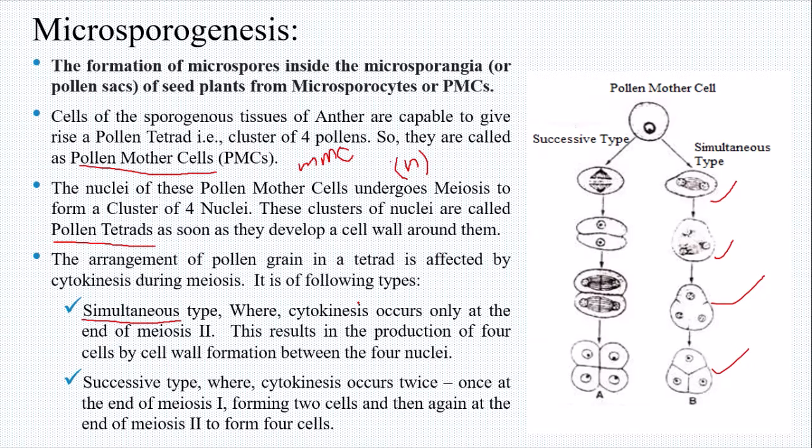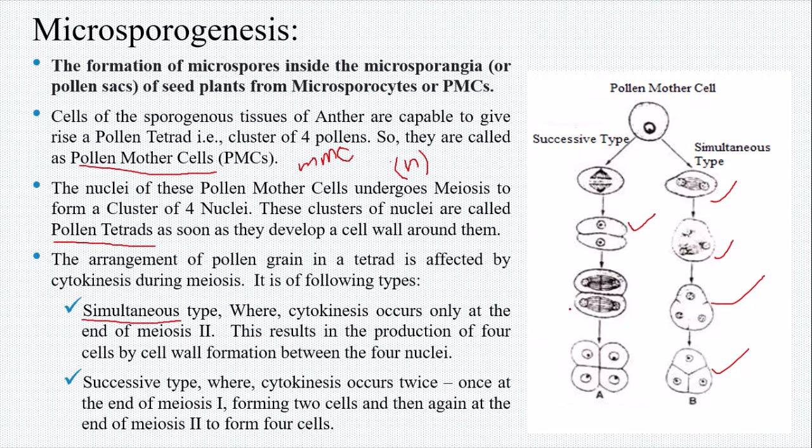while in the successive type, cytokinesis occurs twice at the end of meiosis. Once at the end of meiosis first, forming two cells, and you see that after meiosis first, a cell wall is formed and two cells are formed separately. Then again meiosis second takes place in both cells, and the cell wall forms again, that is cytokinesis happens again after meiosis second.